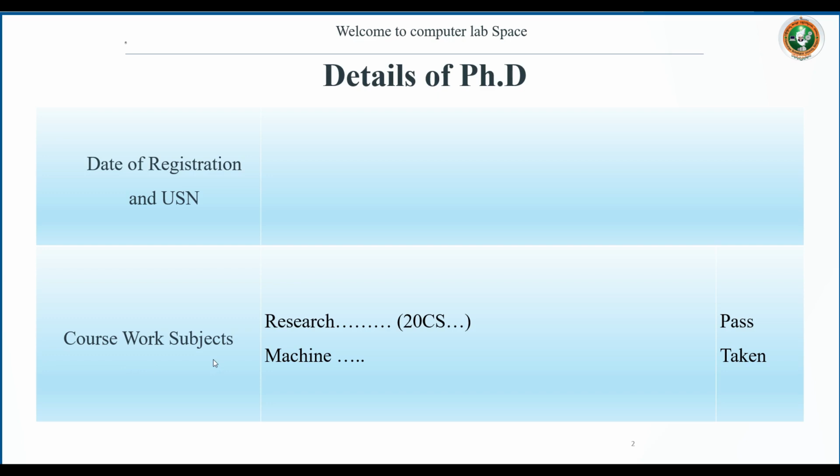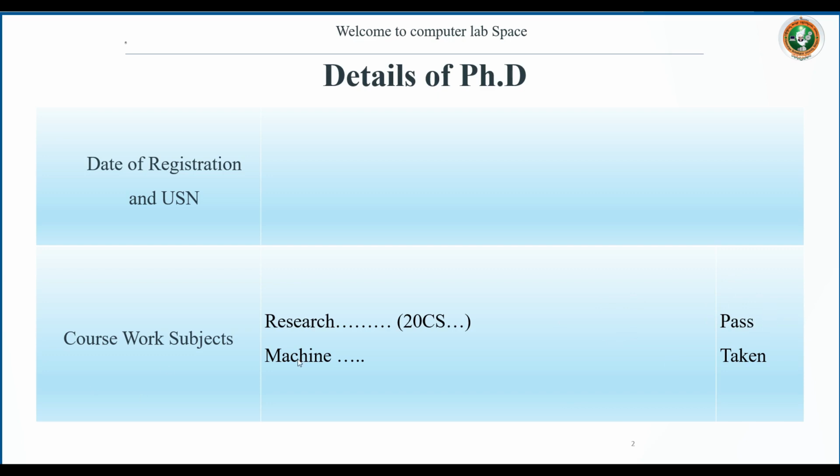Then coursework subjects. Whatever coursework subjects you have taken under the guidance of your guide, those coursework subjects along with the subject code you need to mention. By the time of this first doctoral committee meeting, if you have cleared any subjects, mention them as cleared or passed.